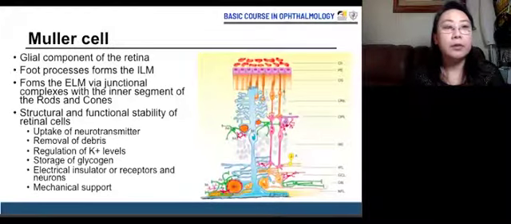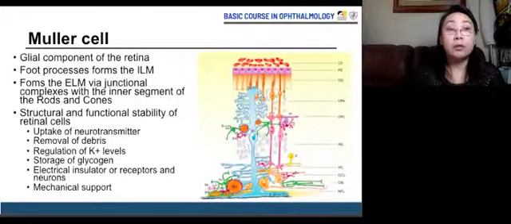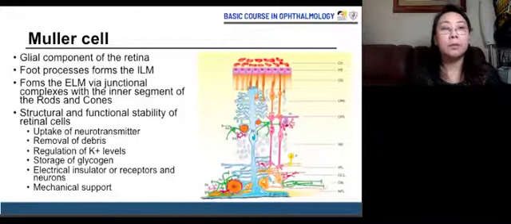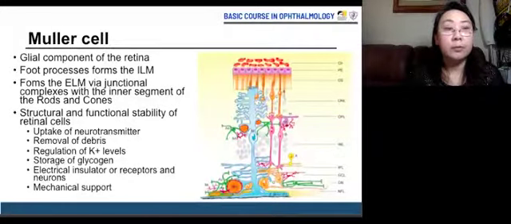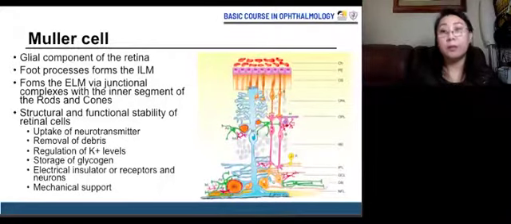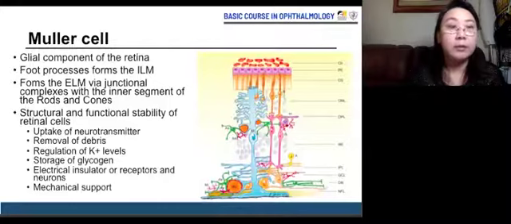The Mueller cells provide structural and functional stability to the retinal cells. So they take up excess neurotransmitter, they remove debris, they regulate potassium levels, they store glycogen, they function as electrical insulators or receptors for neurons, and provide mechanical support to the cells.